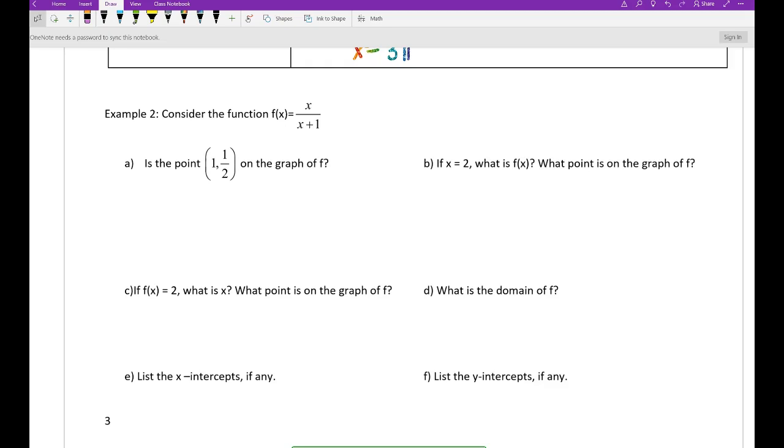Is it on the graph? Okay, let's check it. I'm going to plug in 1 to see what I get. F of 1 equals 1 divided by 1 plus 1 equals 1 over 2. Yay! It's a yes.